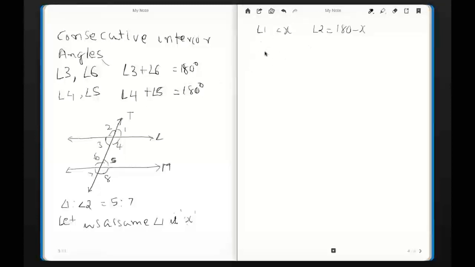So now we can say that the ratio of these two angles is given. So x by 180 minus x is equal to 5/7, because that's given.